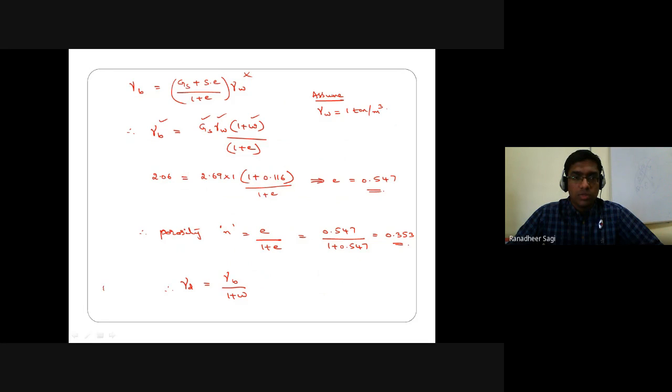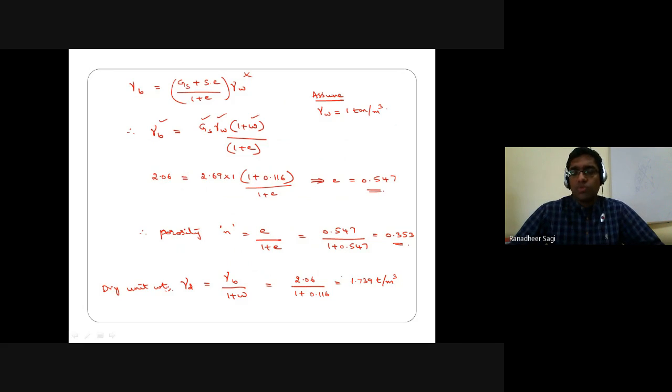So gamma b is given as 2.06, divided by 1 plus the water content in fraction, 0.116. Upon substituting, we get the dry unit weight as 1.739 tons per meter cube.